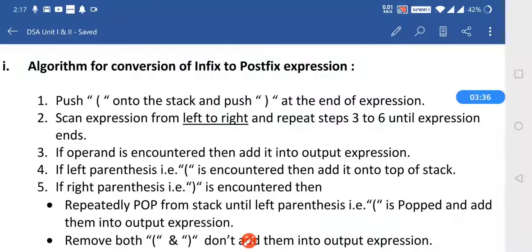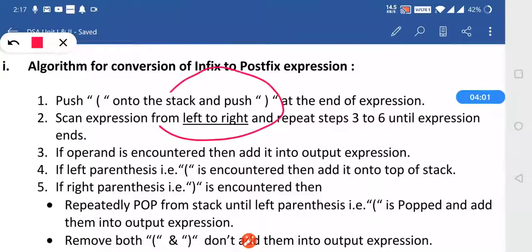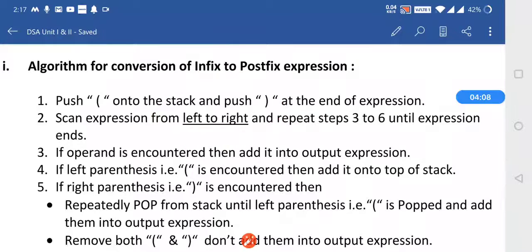Whenever we have an opening parenthesis, you will push that onto the stack. And when there is a closing parenthesis, whatever operators we have in the stack will be moved to the output. Now we will scan the expression from left to right. Keep in mind, when the conversion starts, you will be scanning the expression from left to right.